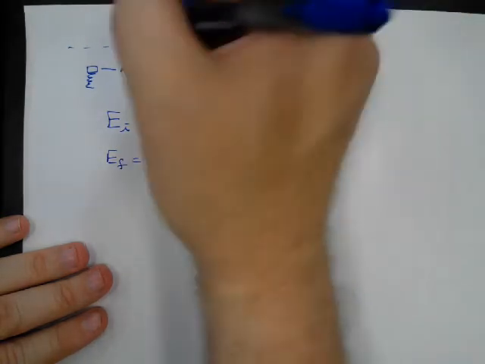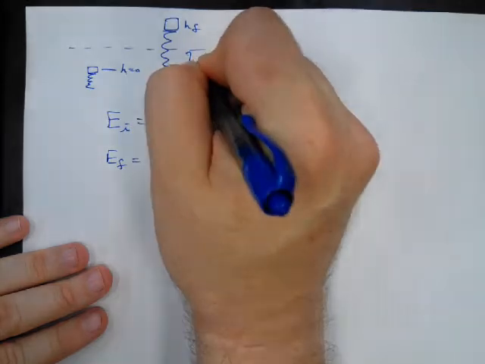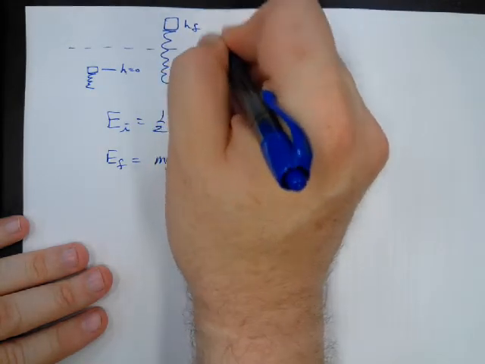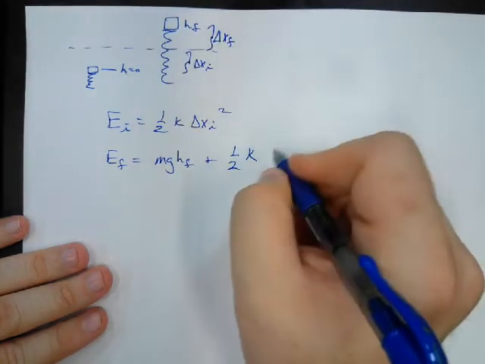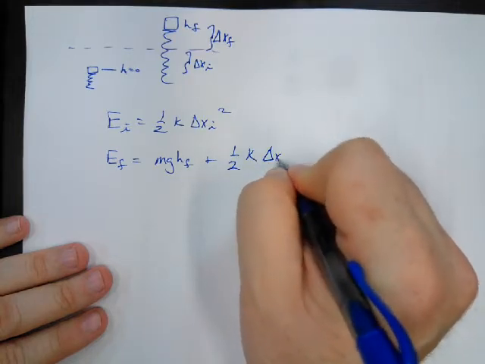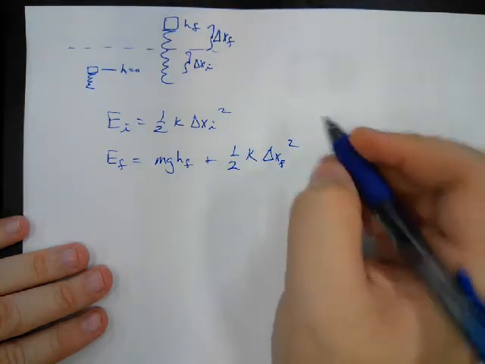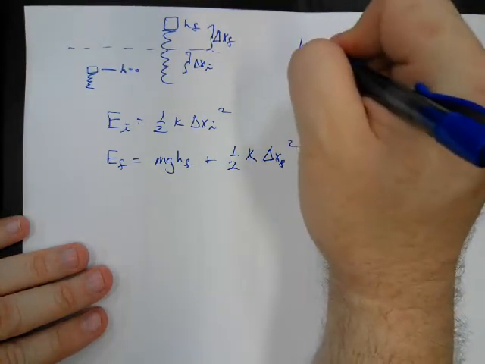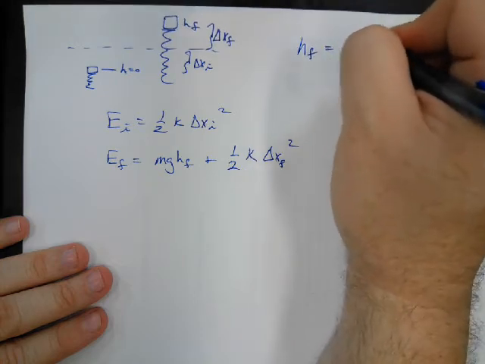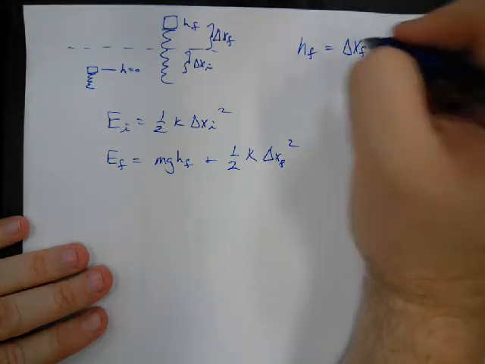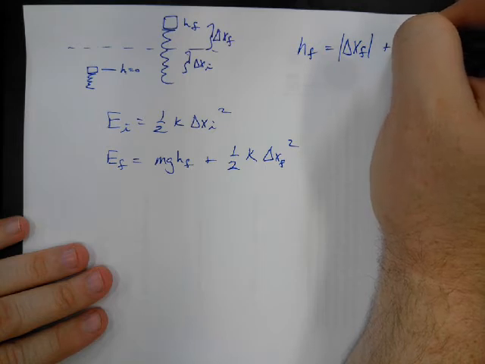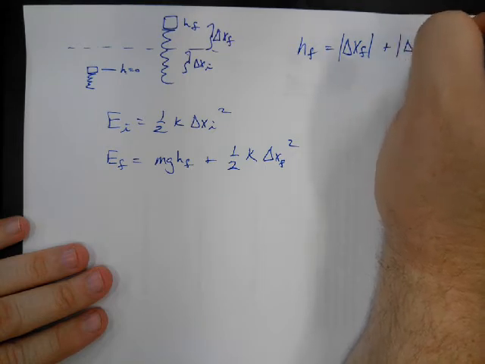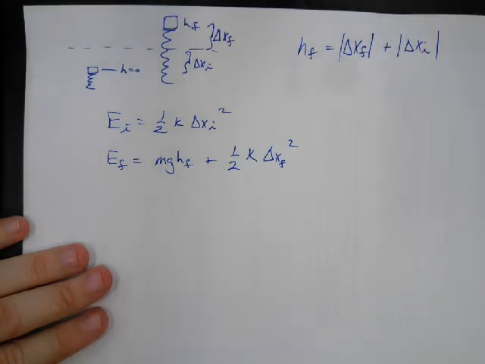Now, how much is it stretched? Well, this is delta x initial. This is delta x final. So it'll be delta x final squared, but h final will be delta x final, that length, plus delta x initial. All right.